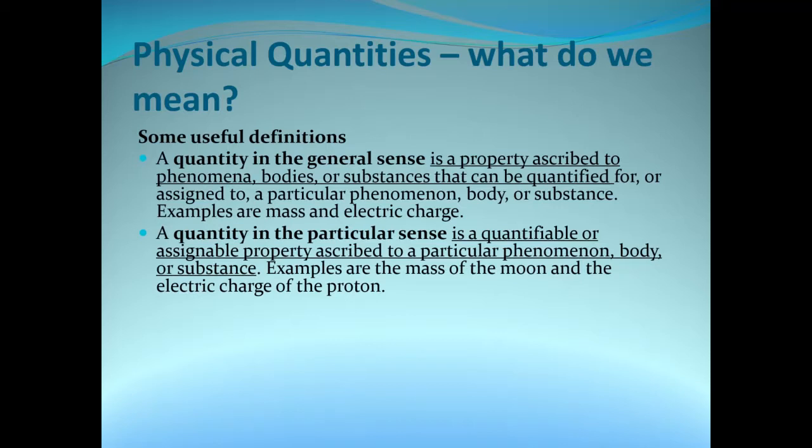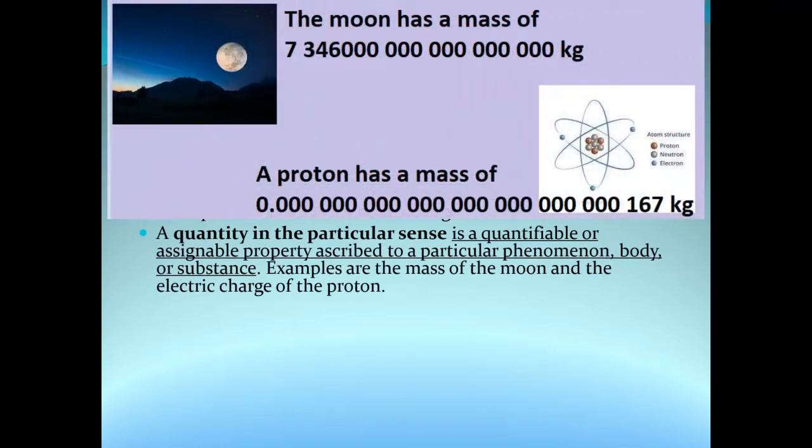So, for example, the moon. The moon has a mass. A proton has an electric charge. I can give the mass of the moon a number. For example, there it is. And the proton also has a mass, but it's much, much smaller.